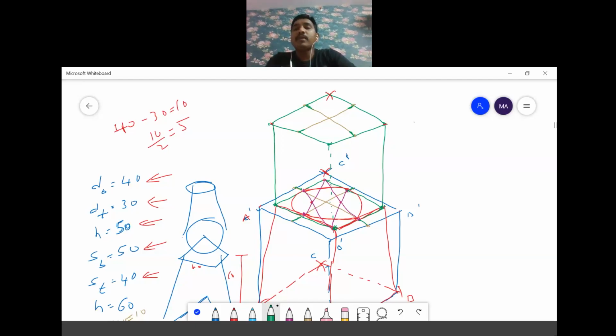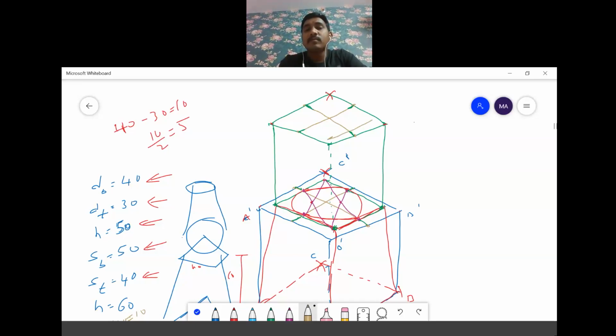So I am drawing parallel lines to these lines here, at a distance of 5 mm. It will form a square of 30 mm side.